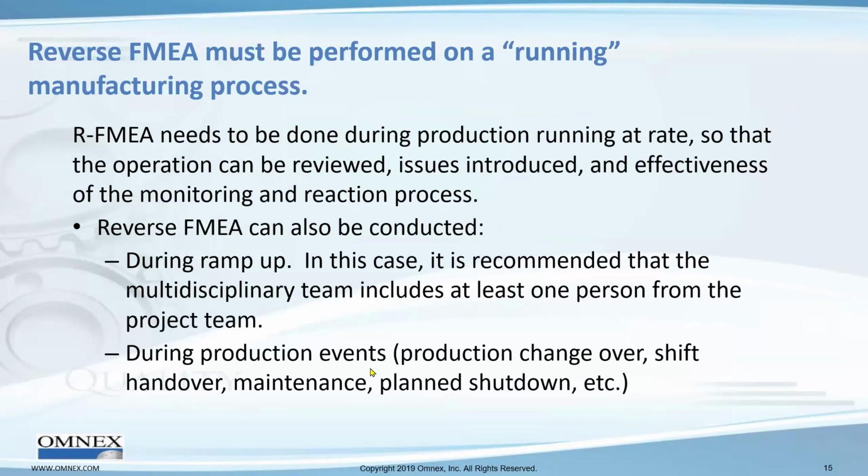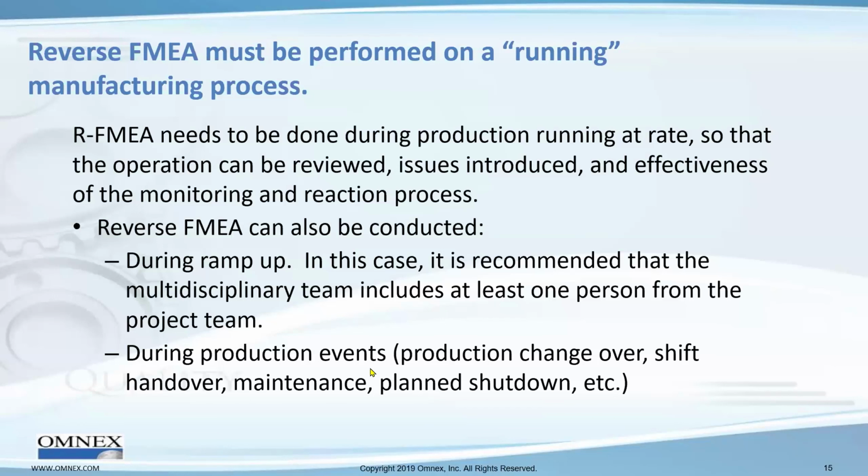So one of the major requirements for doing reverse FMEA is that it's got to be performed on a running process. I mean, it can be done during ramp up and during production events, but when you do these production events, the process has to be running at rate at some time so that you can make your evaluation for the reverse FMEA.